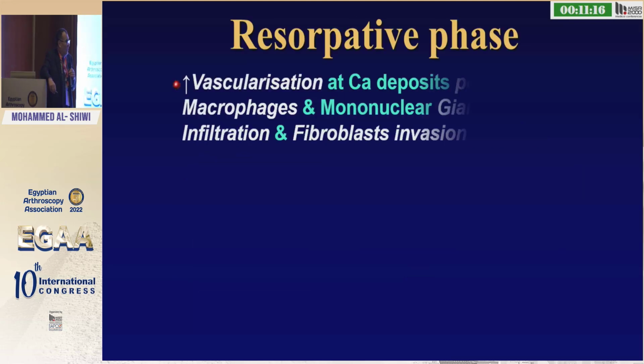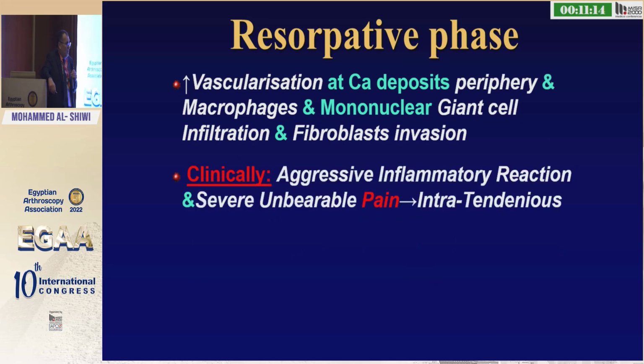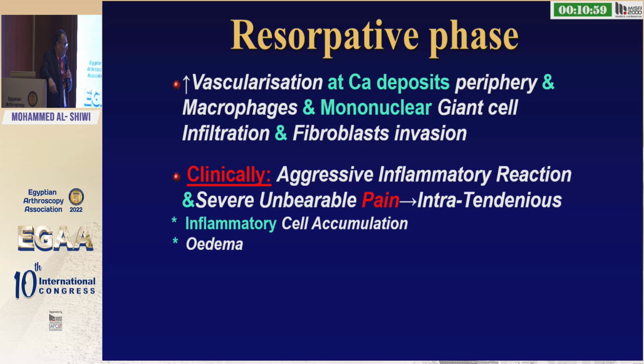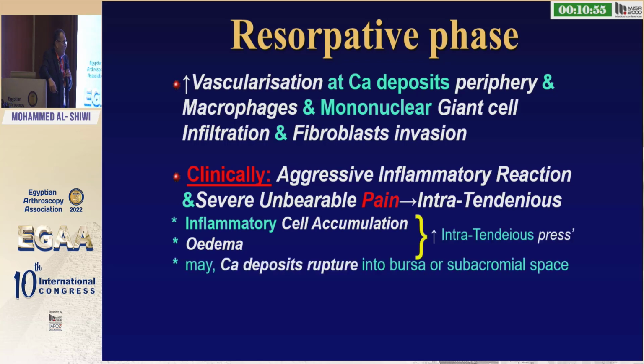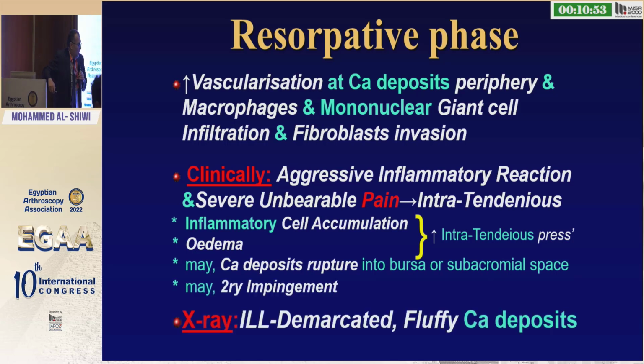While in the resorptive phase, there is increased vascularization with mononuclear and macrophages infiltration, fibroblastic invasion, leading to an aggressive reaction with severe unbearable pain due to the increase in intratendinous pressure from the edema and the inflammatory cell accumulation. Radiologically, there is an ill-demarcated fluffy calcium deposit.